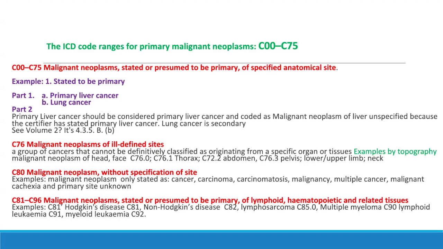Code C80 is utilized for malignant neoplasms without a specified site, typically described as cancer or carcinoma when the primary site remains unknown. Lastly, codes C81 to C96 are designated for malignant neoplasms of lymphoid, hemopoietic, and related tissues, also presumed to be primary.